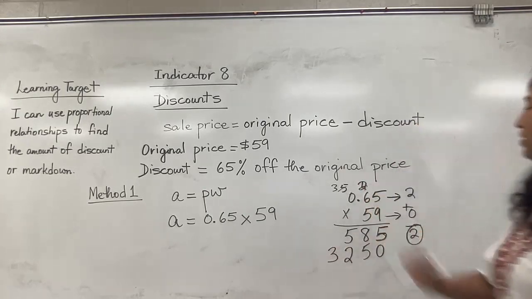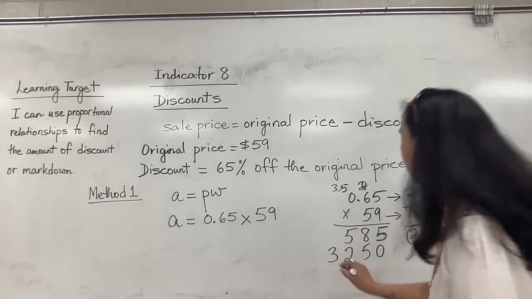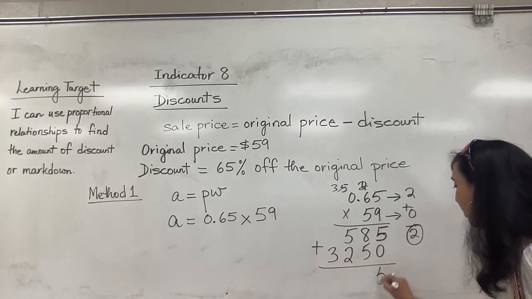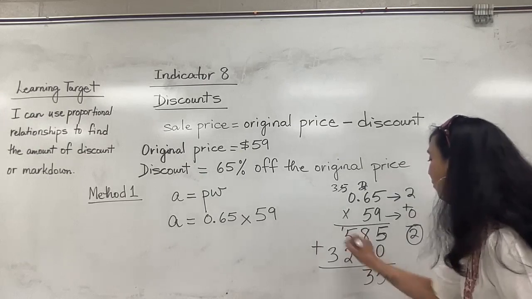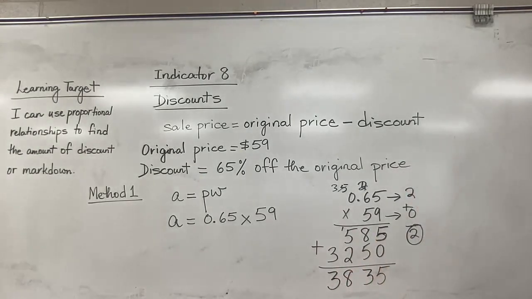Then I add, and 8 plus 5 is 13, carry over 1, and I get 3835.